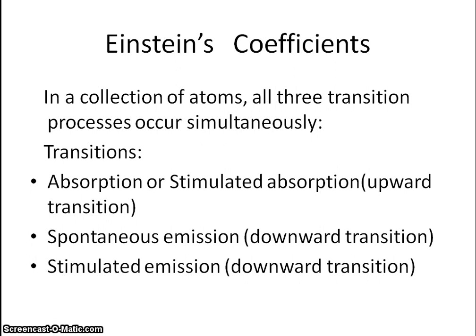In absorption, when light energy is given, the atoms can go from the lower energy states to higher energy states. Spontaneous emission means particles in the higher energy state come down by themselves. Whereas stimulated emission means particles in the higher state come down to the lower energy states when external radiation strikes them.